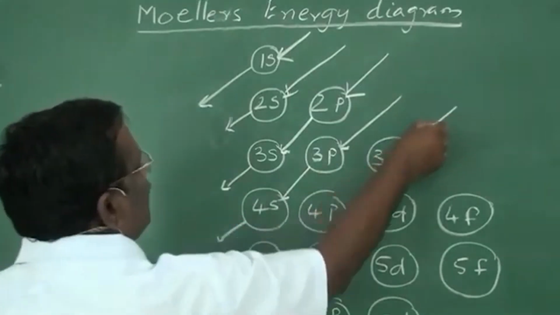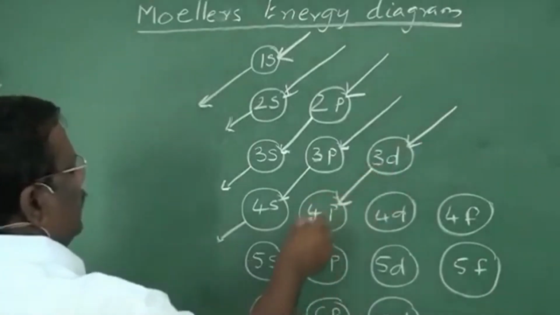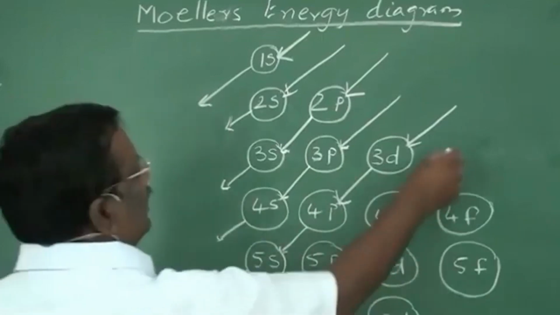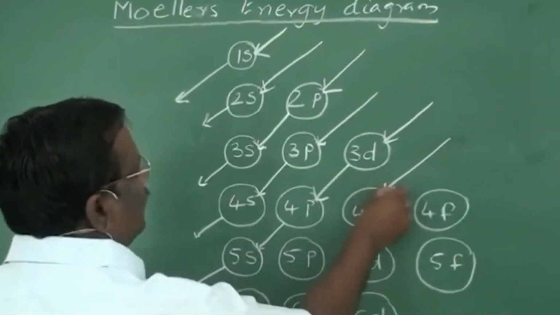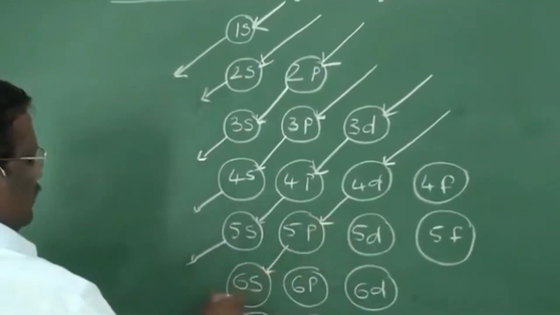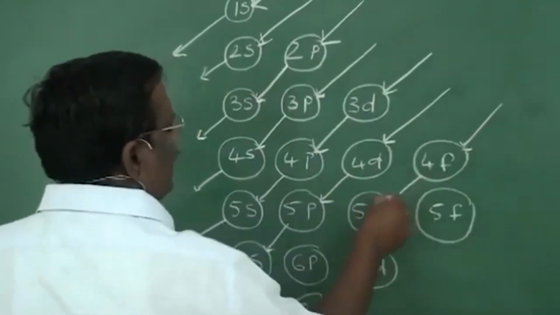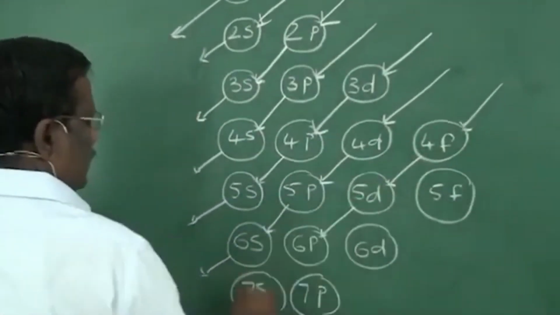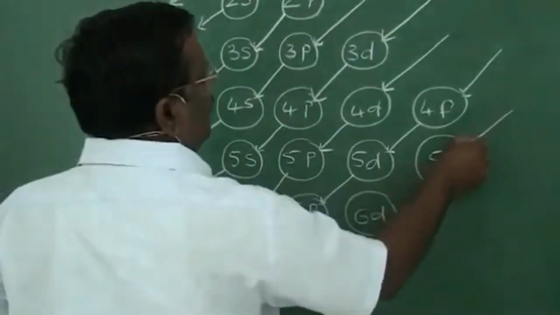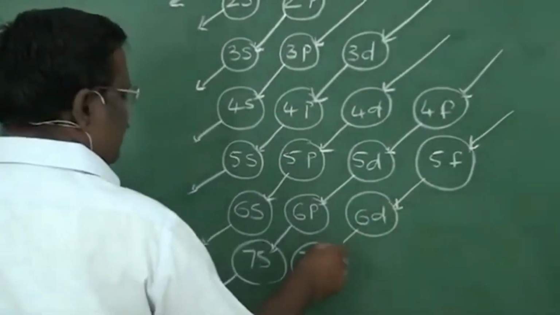After filling 4s, the electron will enter 3d, then 4p, then 5s. Similarly, then 4d, 5p, 6s, then 4f, 5d, 6p, then 7s. After 7s, 5f, then 6d, then 7p.